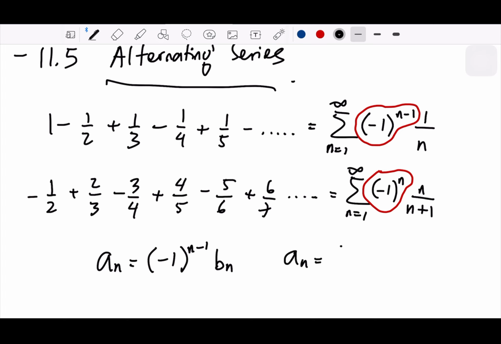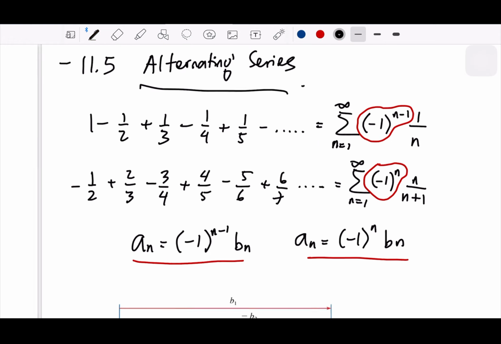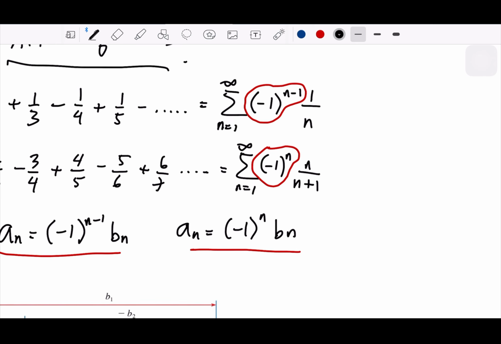Or we can have -1 with power of n and Bn. You can also have n plus 1, it depends. And Bn should be a positive number.